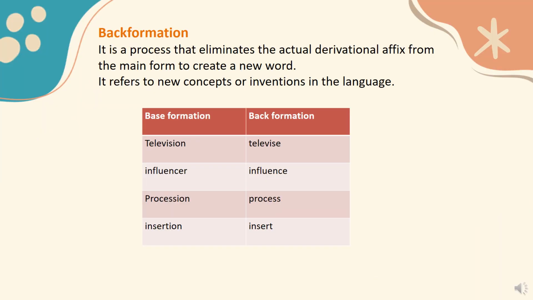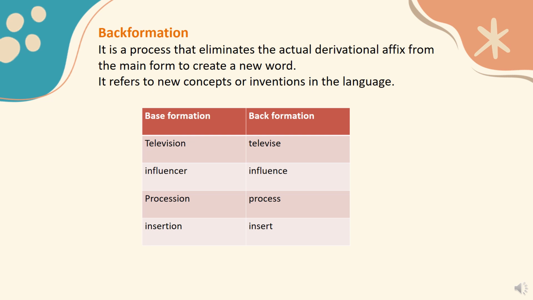Back formation is a process that eliminates the actual derivational affix from the main form to create a new word. Here we change the word's grammatical category, which in most of the words is a noun, and transfer it to a verb. But it refers to new concepts and or inventions in the language. It cannot be something old. For example, we have television, which will be televised, the back formation.